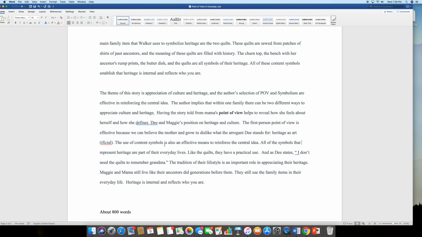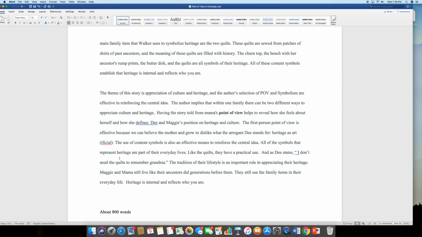The use of content symbols is also effective. This is a good transition. We know that this also is connecting to the previous discussion. The use of content symbols is also an effective means to reinforce the central idea.